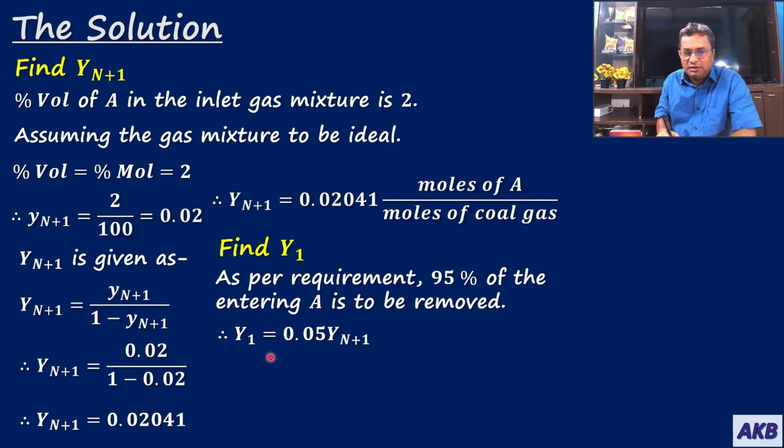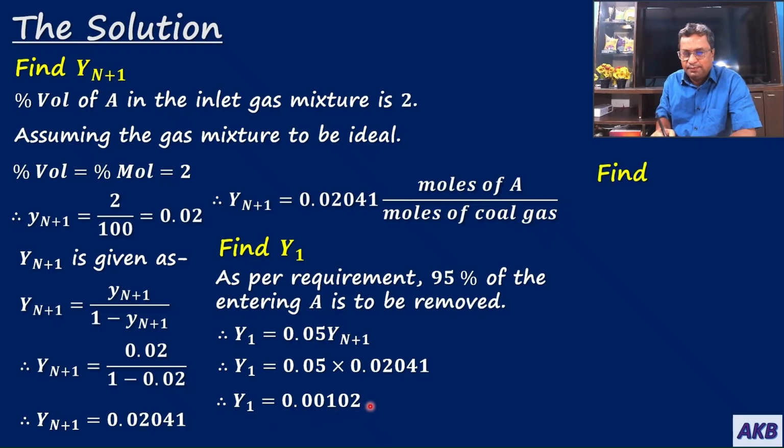So therefore, capital Y1 is equal to 0.05 capital Yn plus 1. Capital Yn plus 1 we have obtained. So capital Y1 is equal to 0.05 into 0.02041. That gives us capital Y1 as 0.00102.